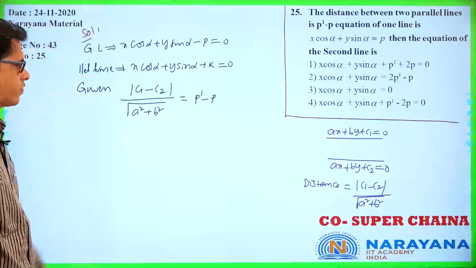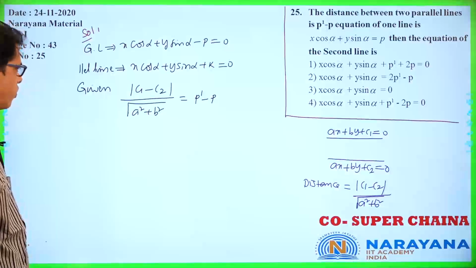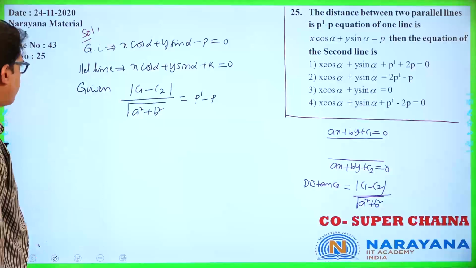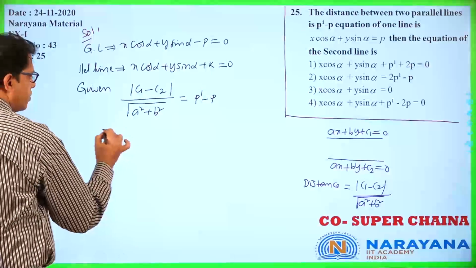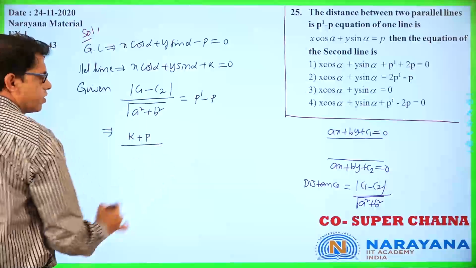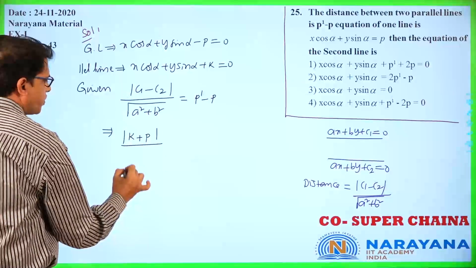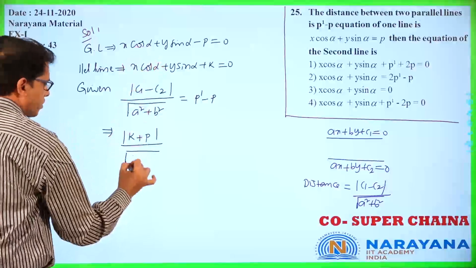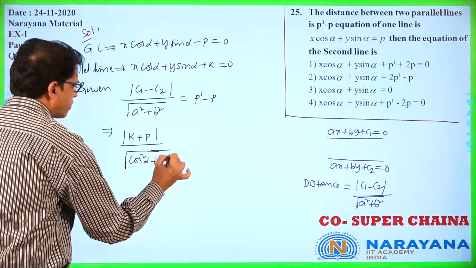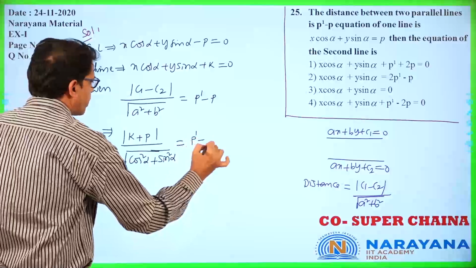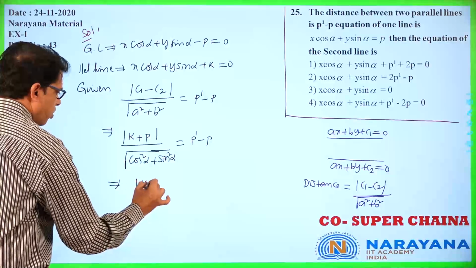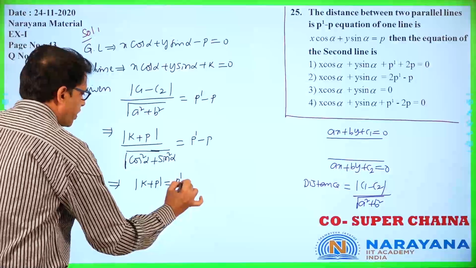Now here c1 minus c2 means k minus of minus p, that is k plus p, over root under a square plus b square. A means x coefficient, so cos square alpha, b means y coefficient, sin square alpha, which becomes 1. So mod of k plus p equal to p dash minus p.